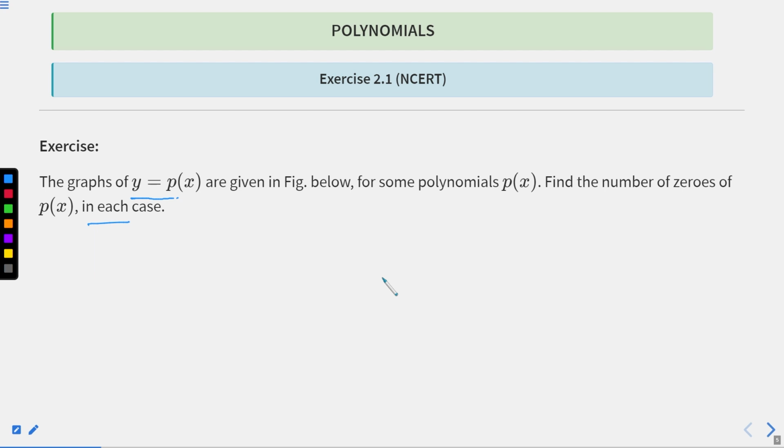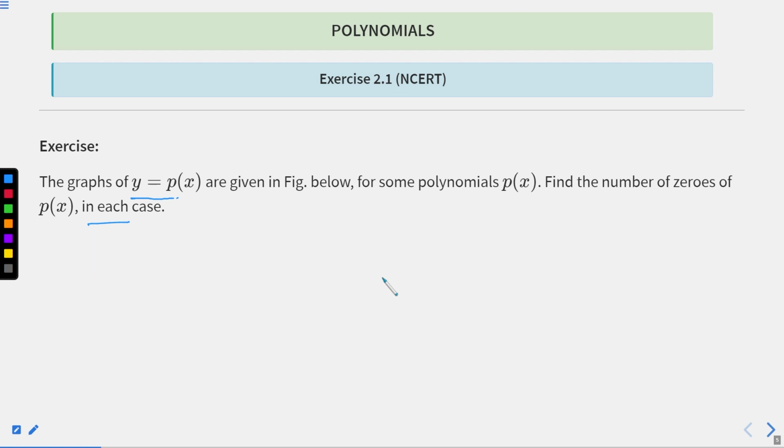We know that if y equal to p of x cuts the x-axis, then we get zeros; otherwise we will not get any zeros. If the graph cuts the x-axis at some points, then the x coordinates of those points are called zeros of the polynomial p of x.